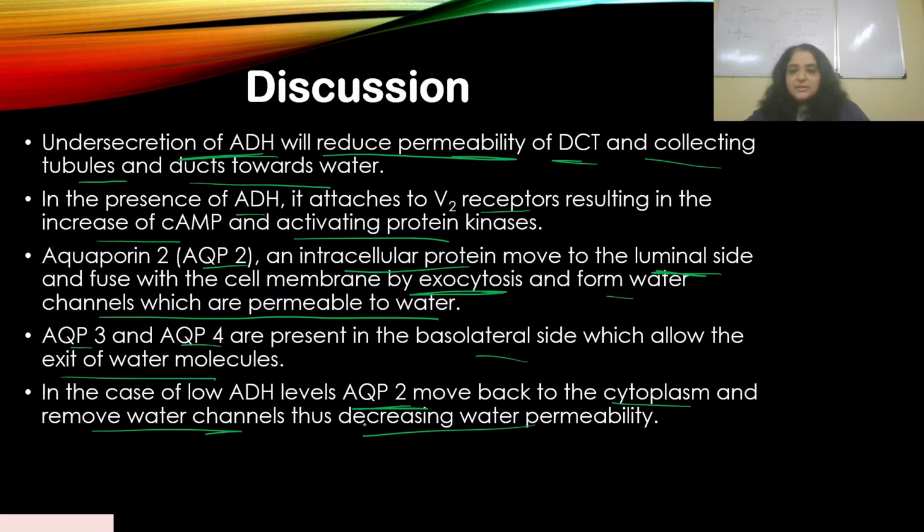Thus, they decrease the water permeability. So when there are low levels of ADH, there's no need for the aquaporin channels to be there, right? So they go back inside and decrease the water permeability, and this happens in the DCT, collecting tubules and ducts. Very important to remember. This is actually the later part of DCT.